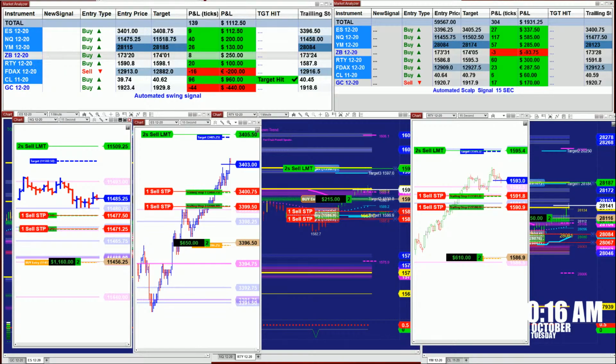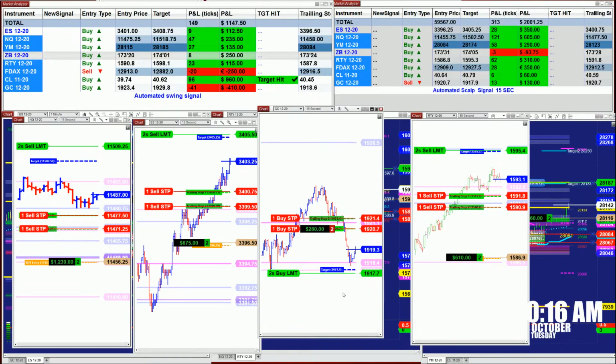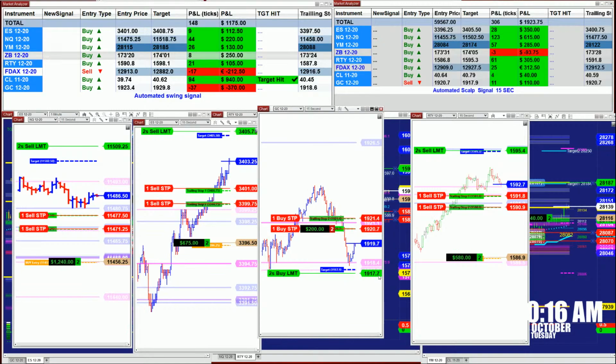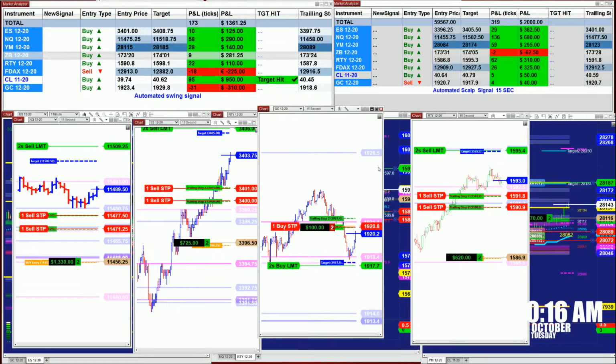So now the gold is coming into the support area here at 918, and the target is 17.7. One minute you had $400, $500, and in one minute they're gone.